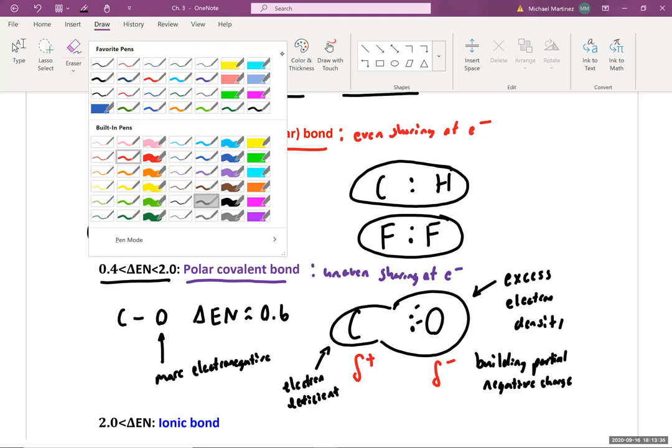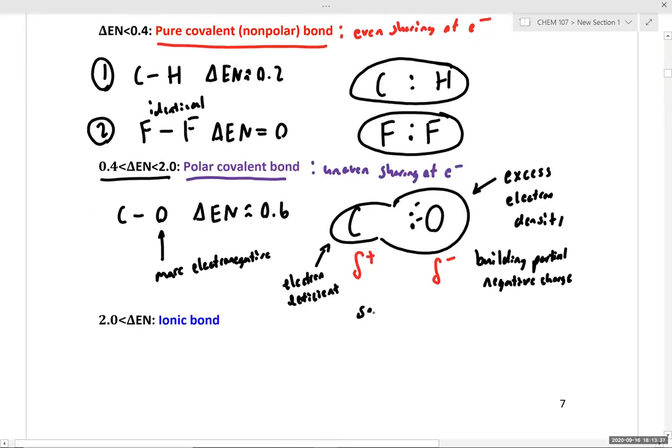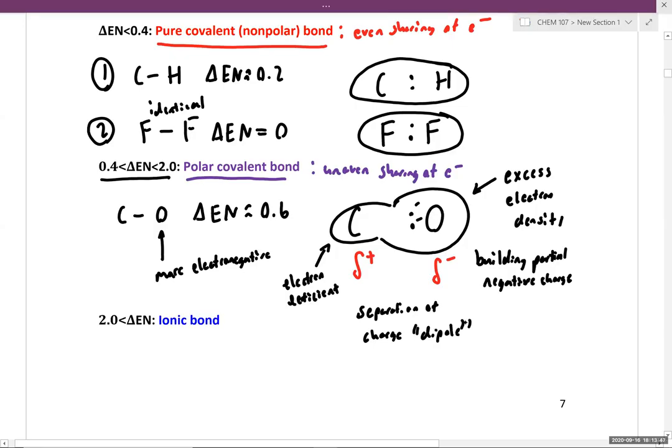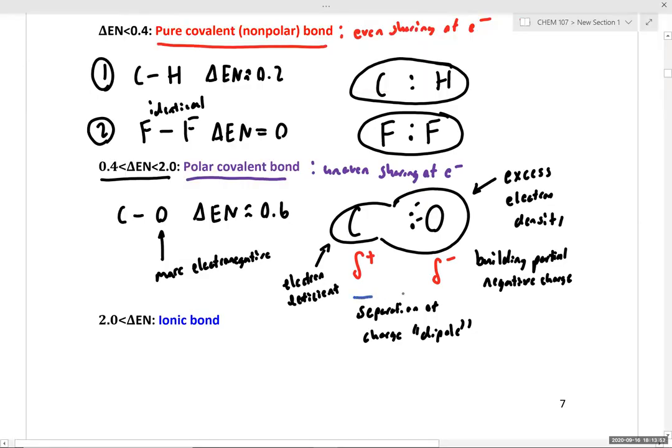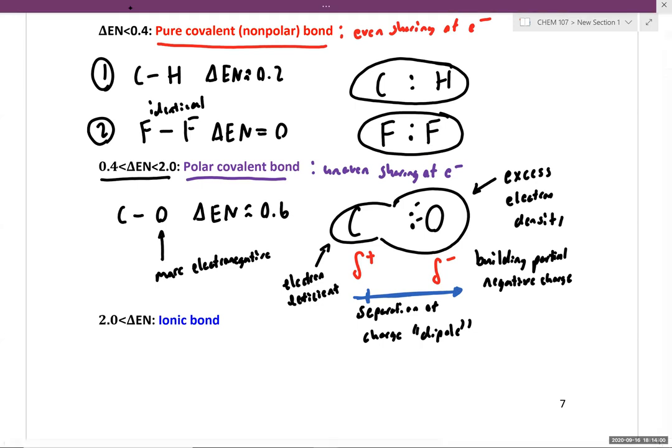And this separation of charge is known as a dipole. And to represent a dipole, we draw an arrow pointing towards our more electron rich or more electronegative element.